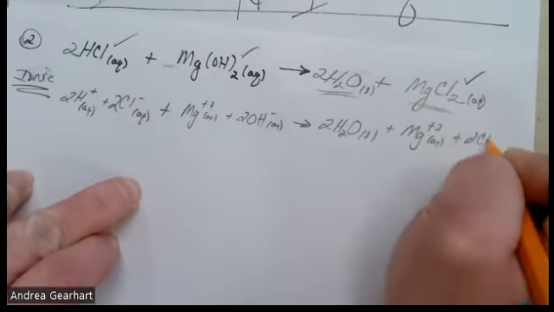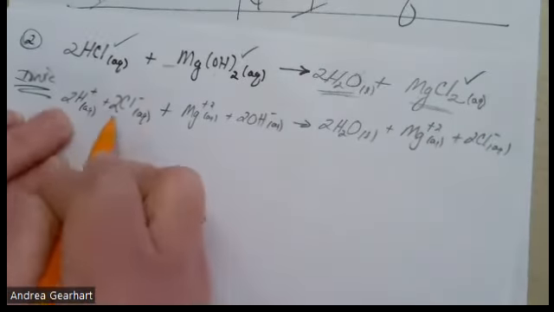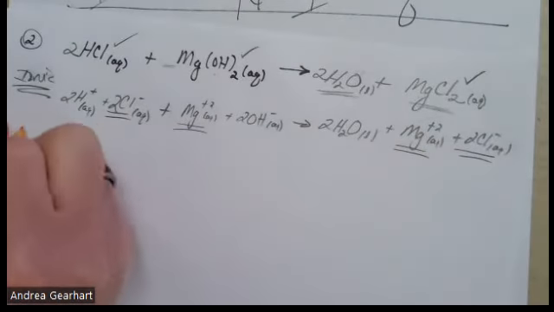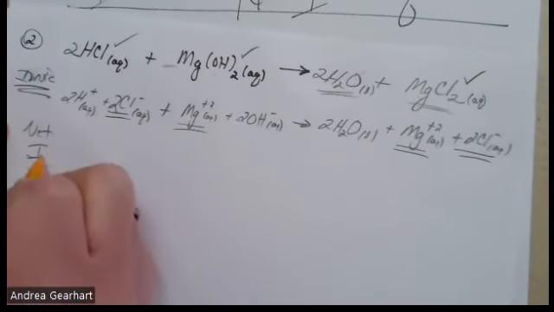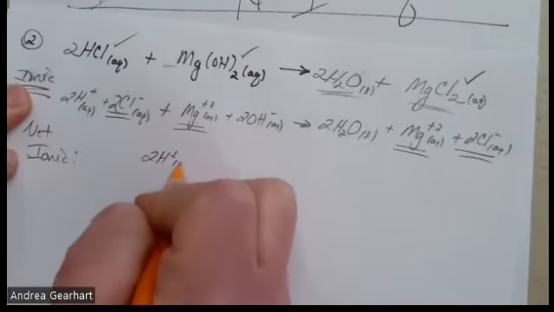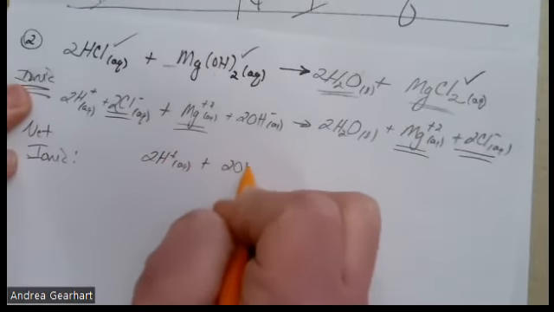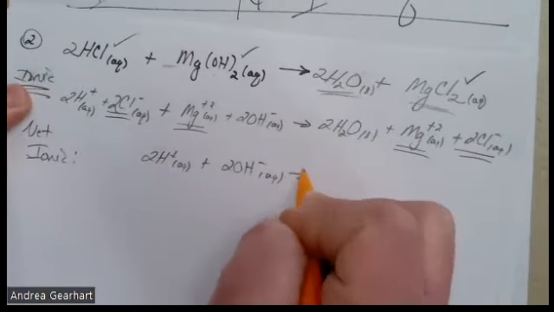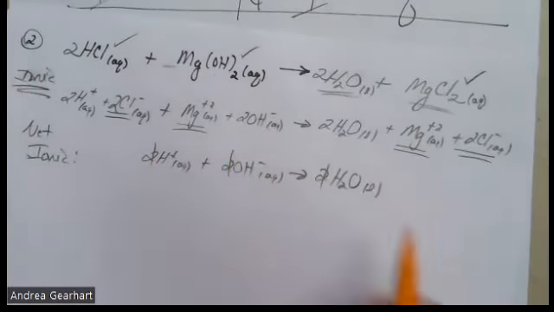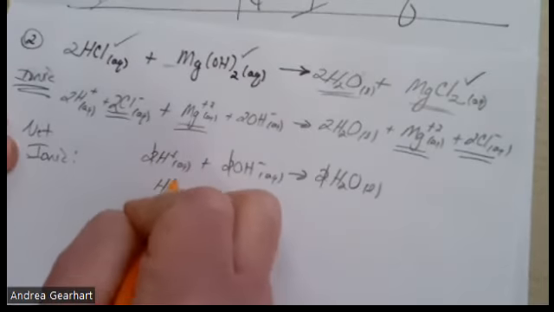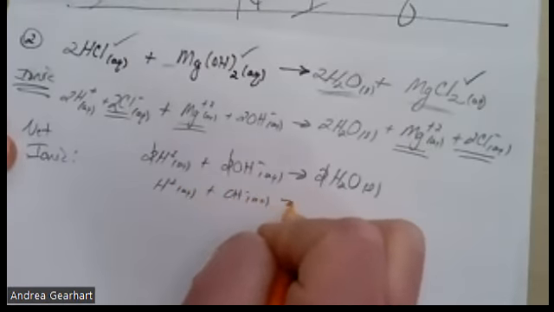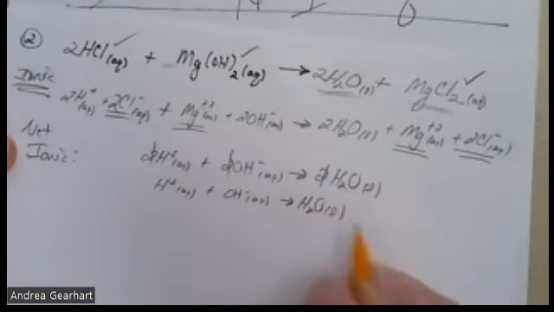Okay, my spectators, chloride does not undergo a transformation and the magnesium ion does not. So the net ionic would be 2 hydrogen ions when they find 2 hydroxides, and we are making 2 water molecules. We can reduce these just like the previous example, but we'll have the hydrogen ion plus hydroxide yielding water. That's our driving force.